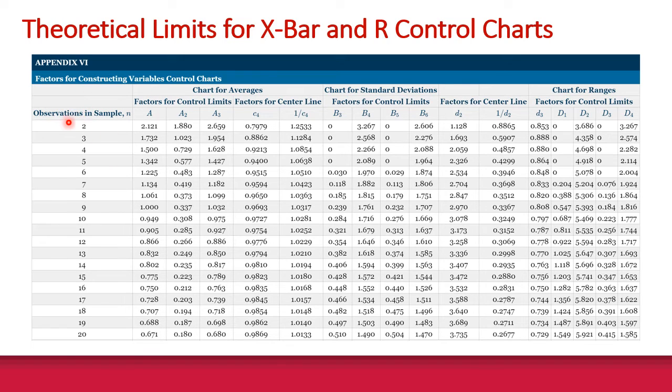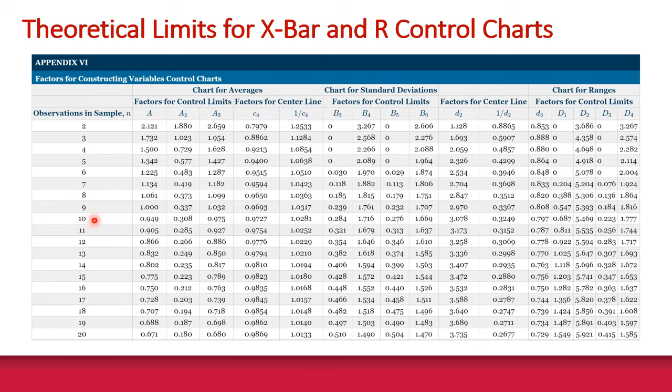On the left-hand column we figure out how many samples we have. So, for example, let's go back to making cookies, where we have an assembly line making cookies, and let's say at noon we take 10 cookies from the production line.